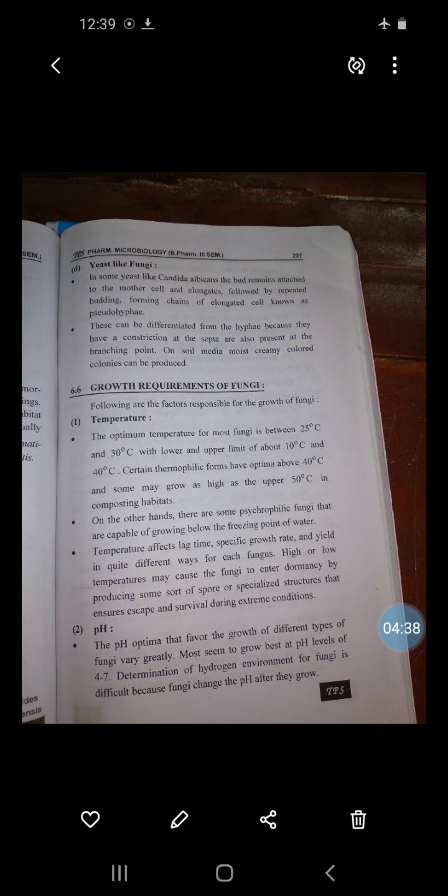Certain thermophilic forms have optima above 40 degrees Celsius, and some may grow as high as 50 degrees Celsius in composting habitats.